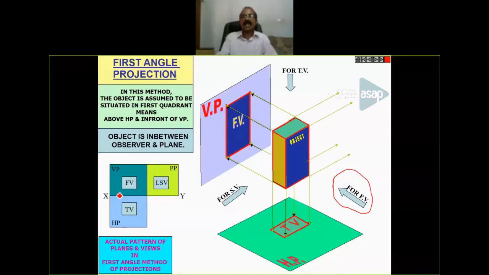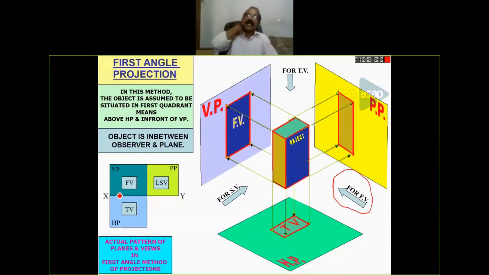That is the yellow surface. The yellow surface represents the profile plane, and here you have to consider the right profile plane. So in the right profile plane, you can draw the left side view. So that's the method of drawing the first angle projection.